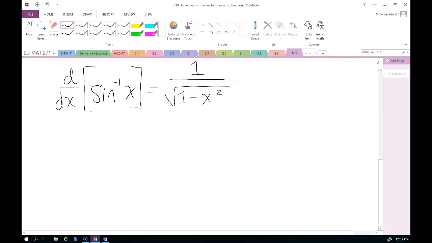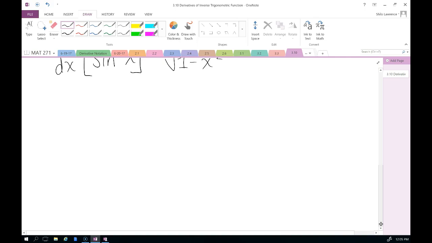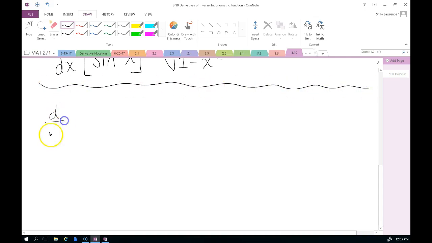So let's go through the formulas really quickly. We want to think of these formulas not just as having x as the angle, but possibly having anything inside that we might have to deal with. So I'm not going to write x in here. Sine inverse of u, and u can represent any function of x.